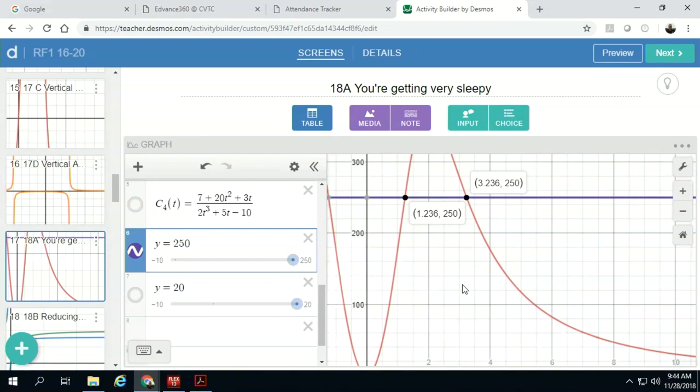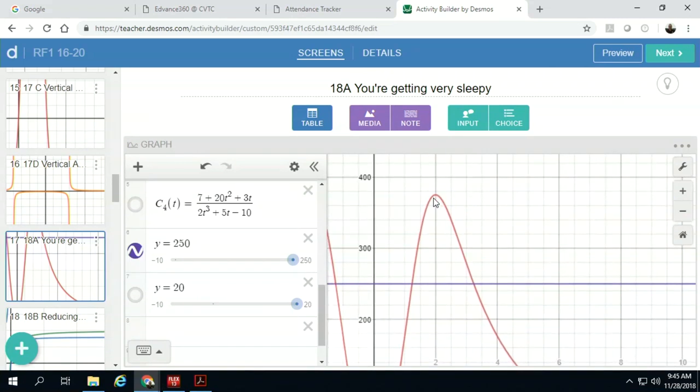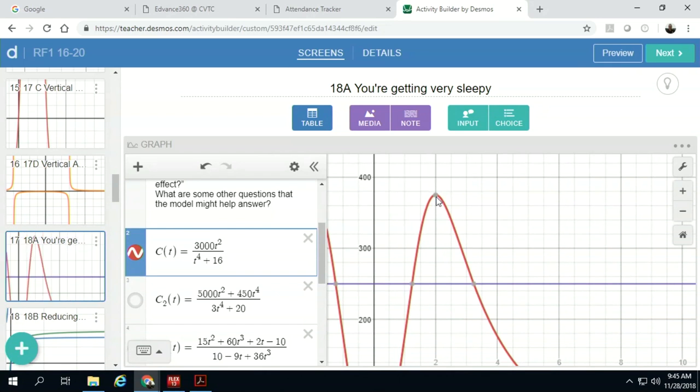Part B, at what time does it reach its maximum concentration? Well, when I clicked on the graph, that also appeared, and it reaches the maximum at 2 hours. And what is that maximum concentration? 375.